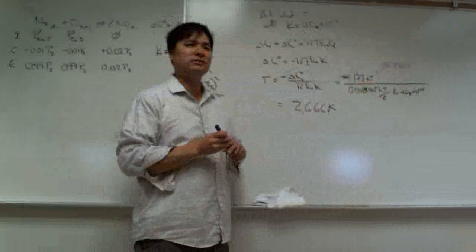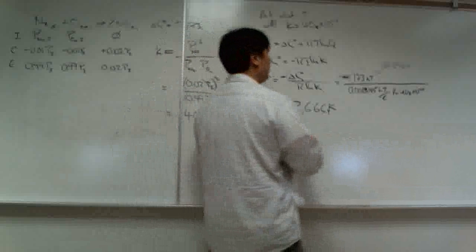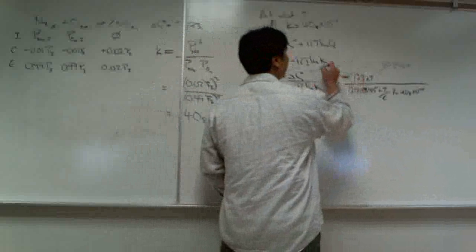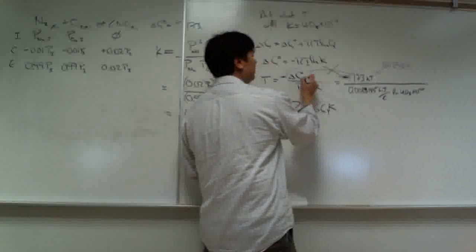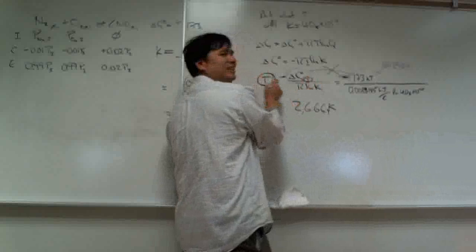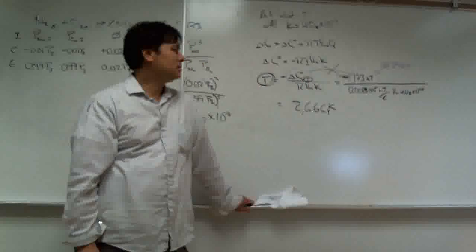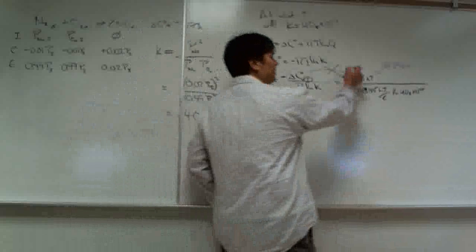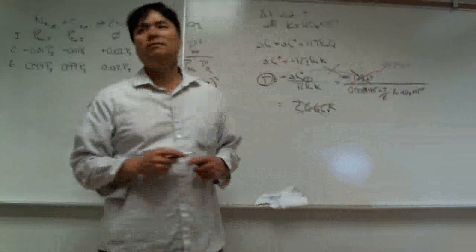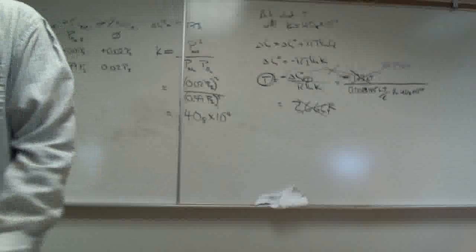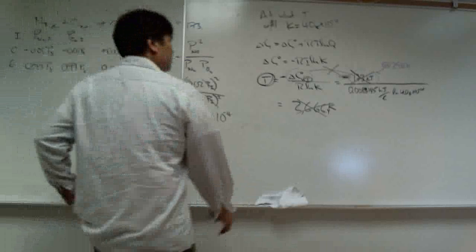It changes significantly with temperature, so we cannot use this. We need the delta G naught at the temperature T, but we don't even know what the temperature T is. Is it possible to solve this equation? Not accurately, but we can come out close if we do something else.